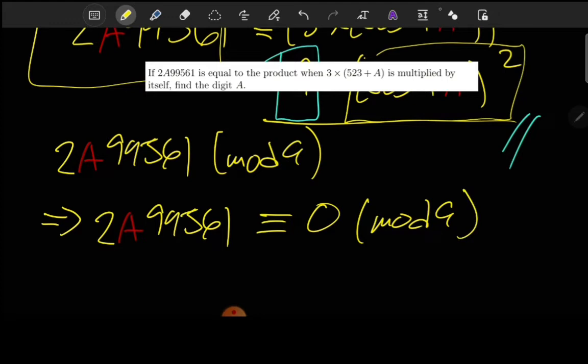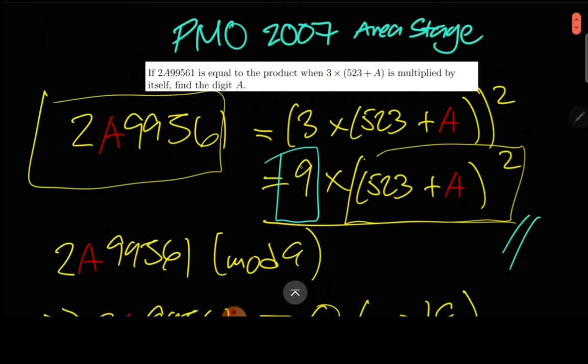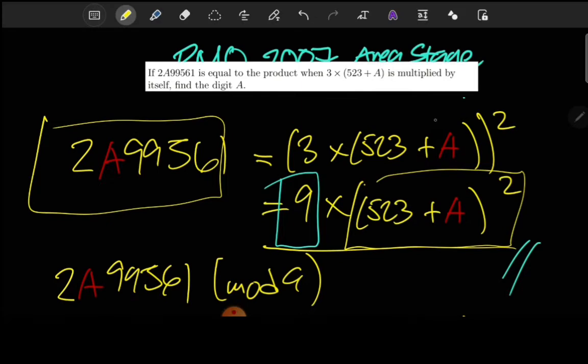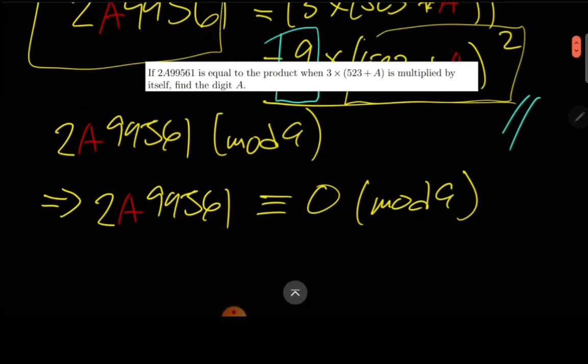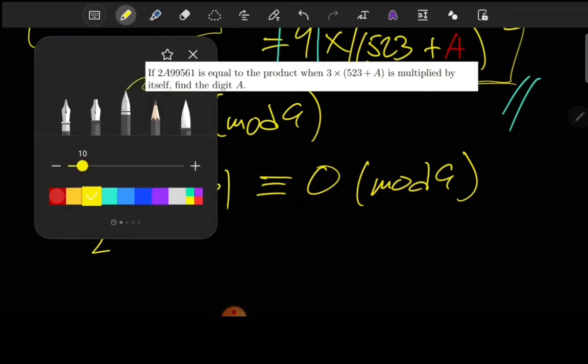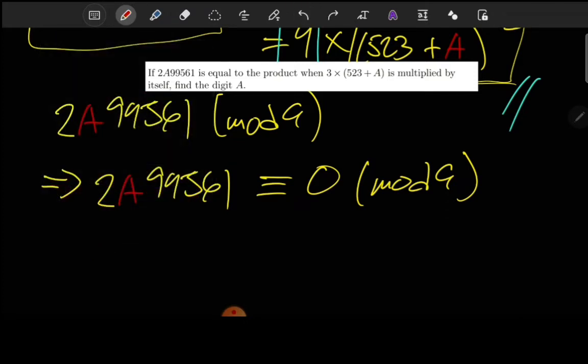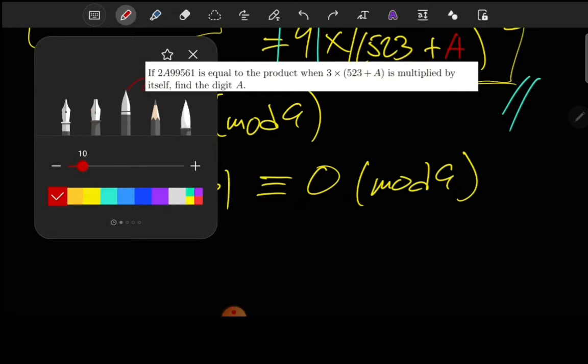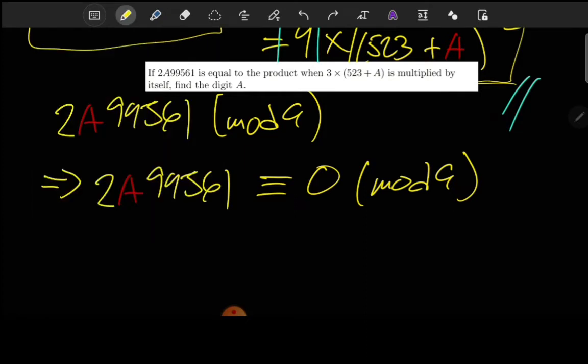I think I did not mention this earlier, I just made things complicated. Sorry about that. Basically, this number must be divisible by 9. That's the whole point, and that's why we're going to do modulo arithmetic. Please bear with me.